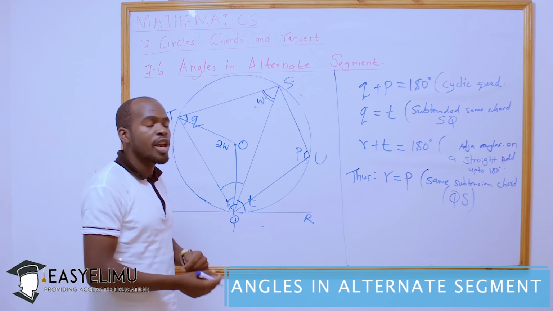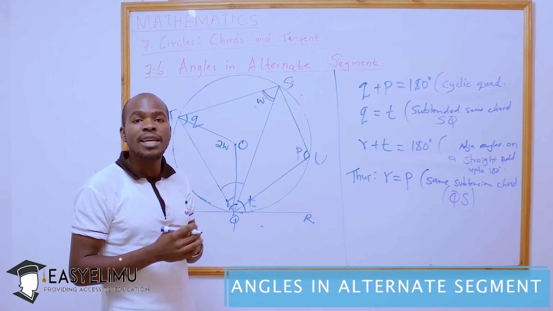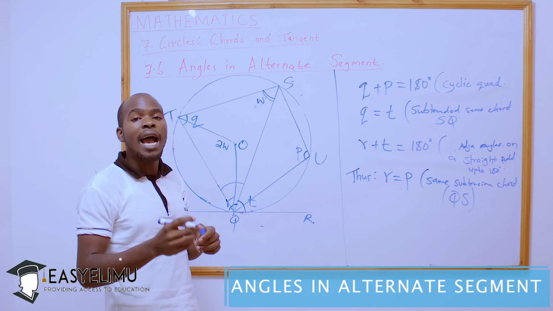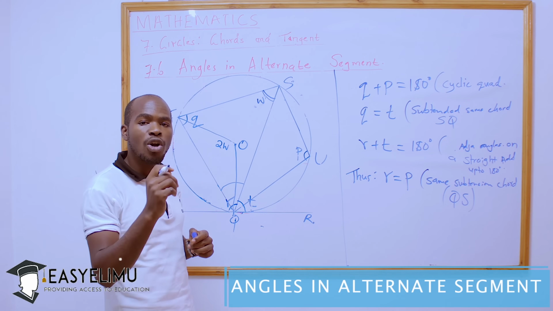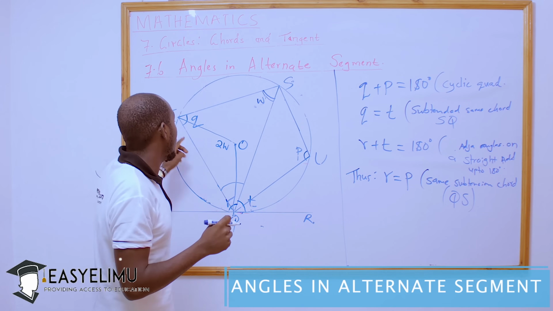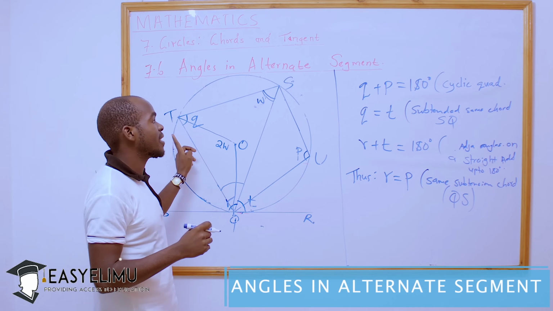So meaning that if an angle is subtended at the circumference, then at the center it will be double the angle which is subtended by the same chord, or the same arc length TQ, at the circumference.